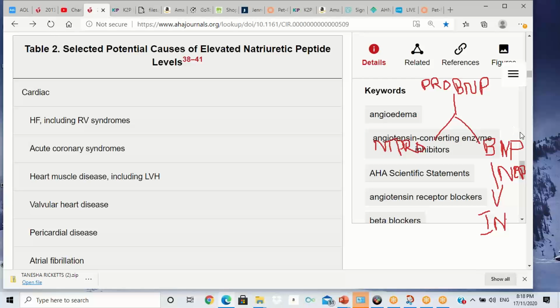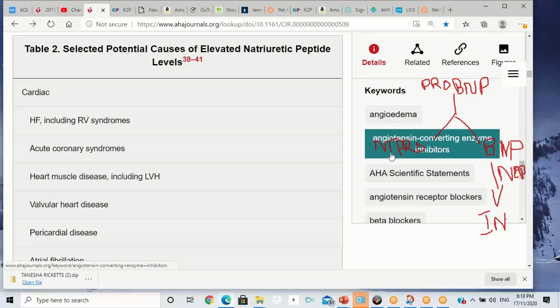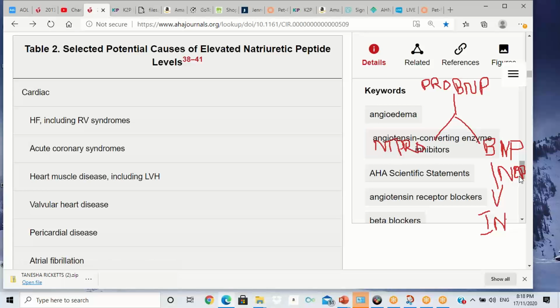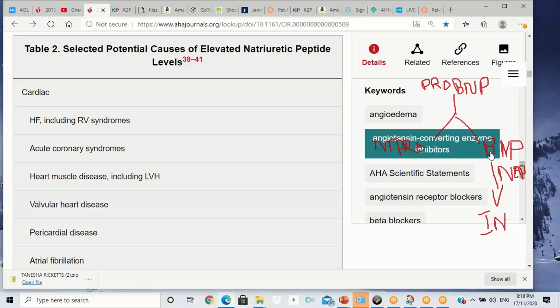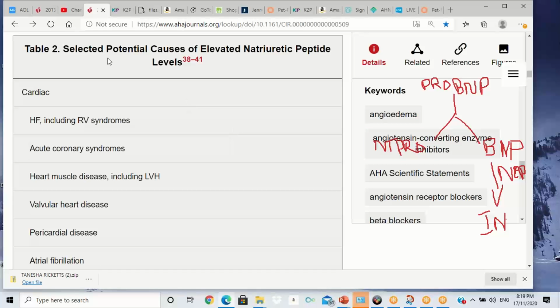Patient comes in with shortness of breath and you suspect heart failure, they're taking Entresto, you don't get a BNP level. You get an NT-proBNP level because the neprilysin inhibition is going to increase your BNP, so you don't want to do that.